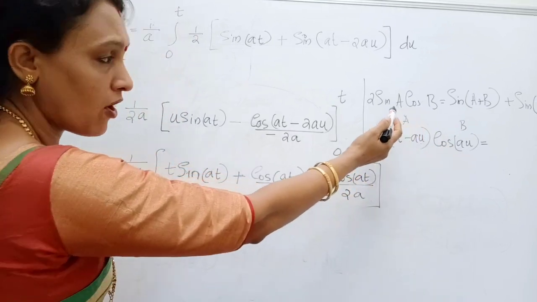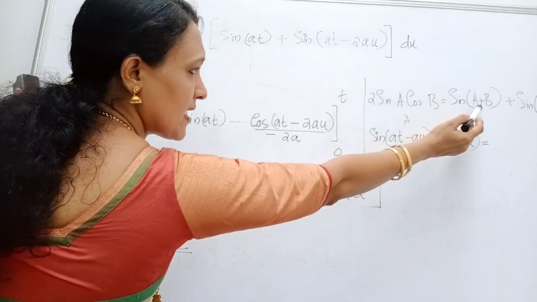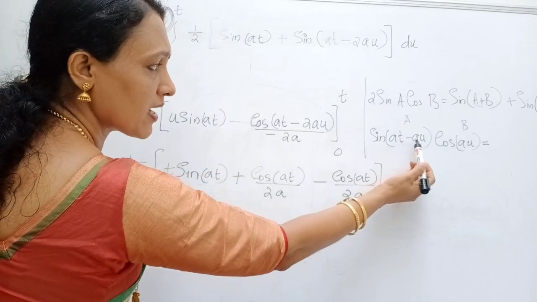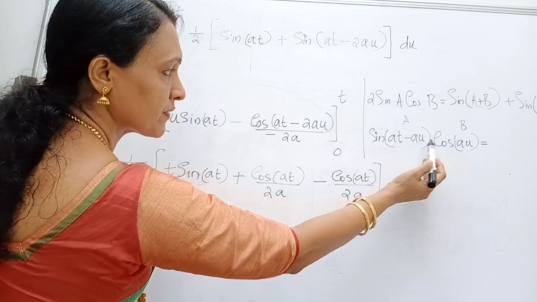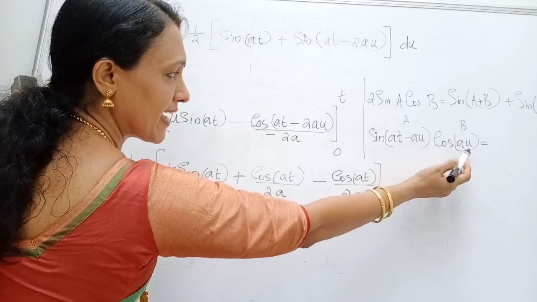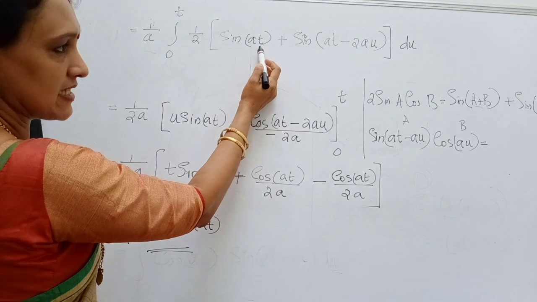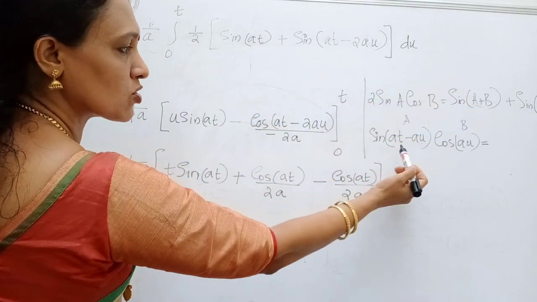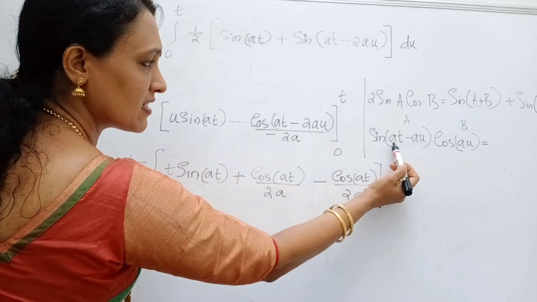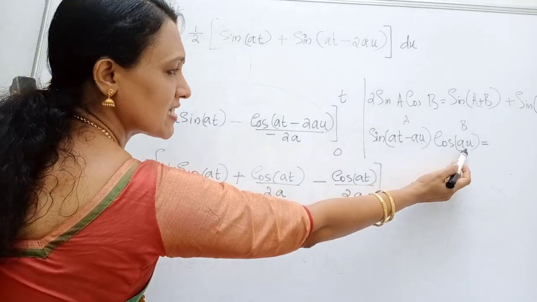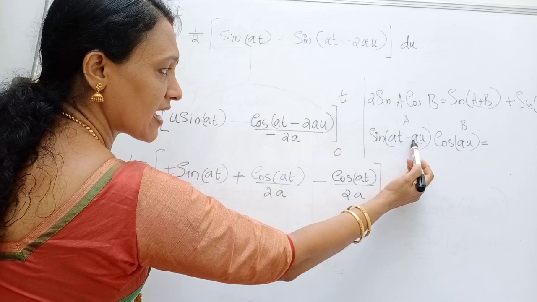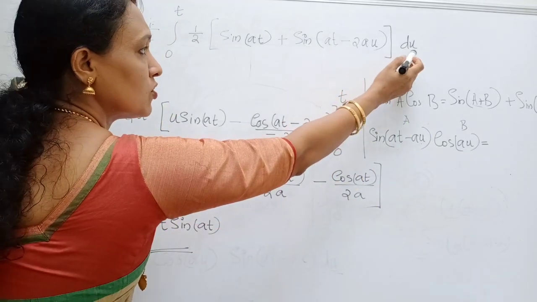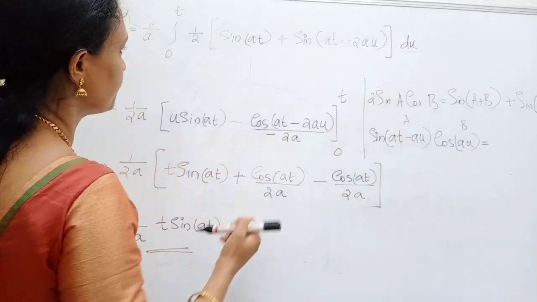Therefore, by this formula, it is sin of A plus B, first. A plus B means a t minus a u plus a u. Minus a u and plus a u get cancelled. We will get sin a t. So sin of A plus B plus sin of A minus B. A minus B is a t minus a u minus a u, so a t minus 2 a u. So sin of a t minus 2 a u into du, keep in mind with respect to u.